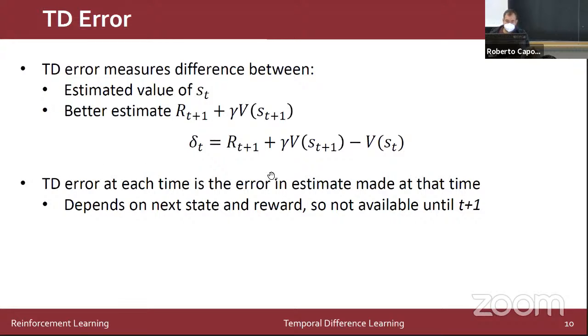So the TD error at each time depends on the estimate of the same state, and also on the estimate at the next state. And this is not available until a certain transition is done.